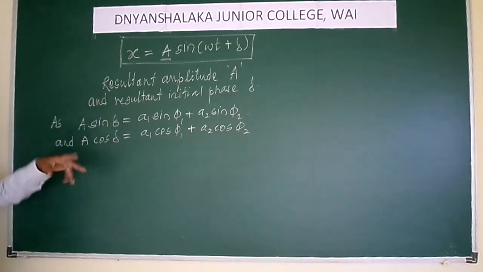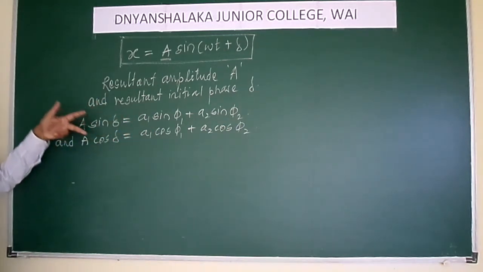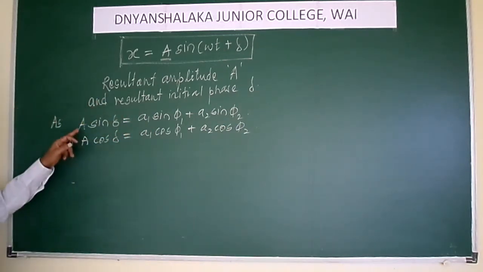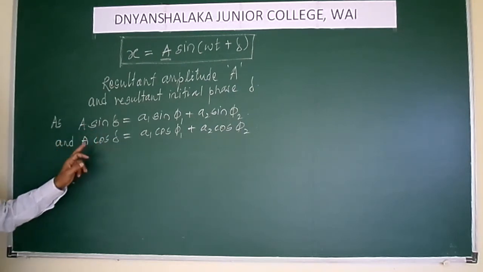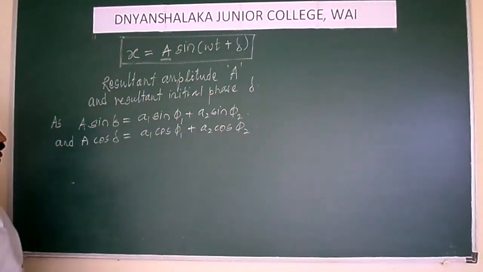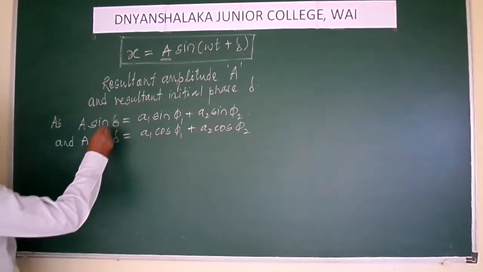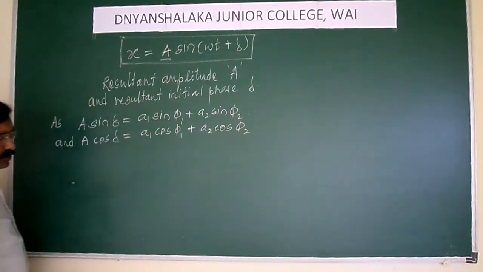This is our consideration where we have taken the substitution as A sin delta and A cos delta. Now what we'll do is we'll square these terms.